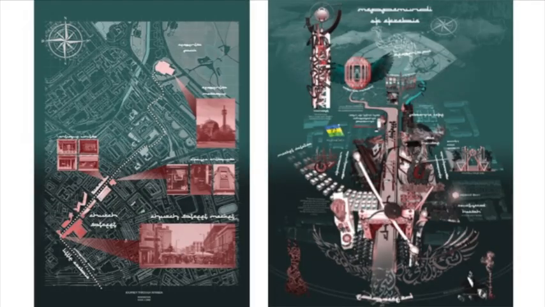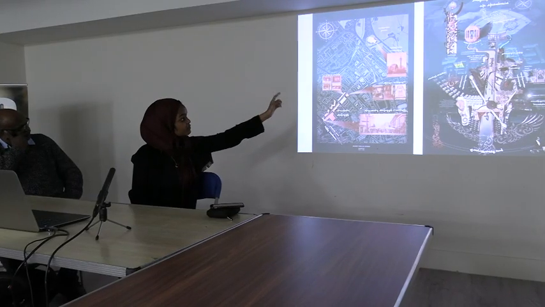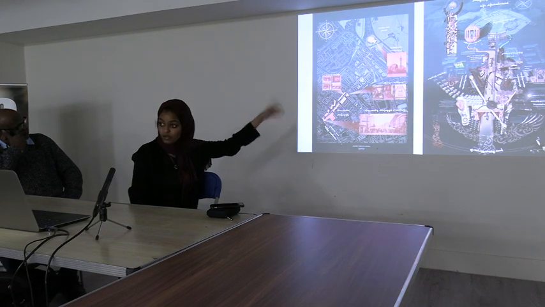I'll show you, these are maps I created to map out the existing Afrabian journey. So you have Little Arabia here, which is Edgware Road, and then you have Church Street, and then actually at the end of the route there is Regent's Mosque as well.